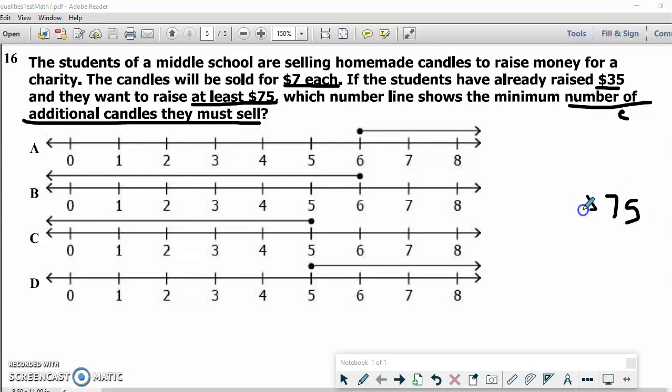And I'm going to put this sign, the greater than sign. So what we actually get on this is the greater than, and as long as we meet our goal of 75, we're okay. Okay, so let's talk about what we put on the left-hand side.